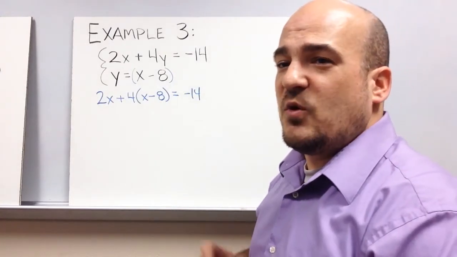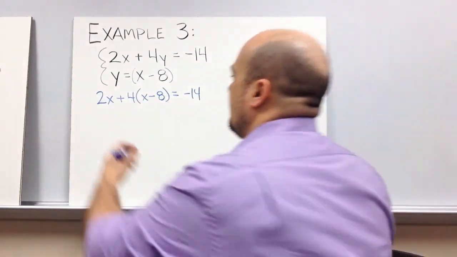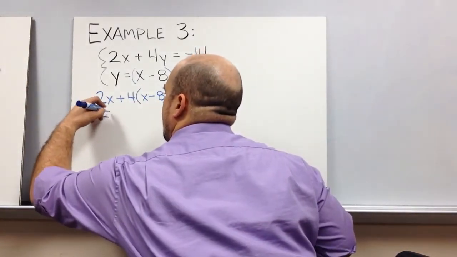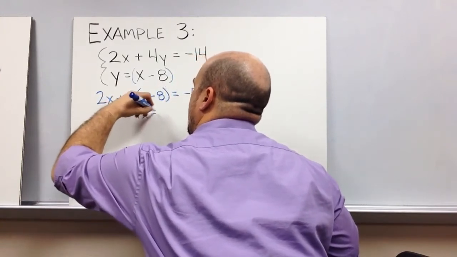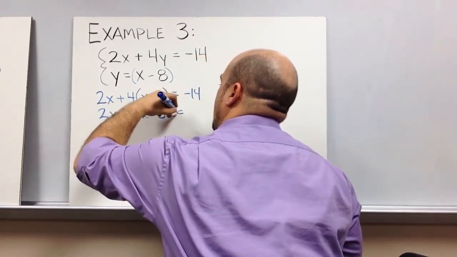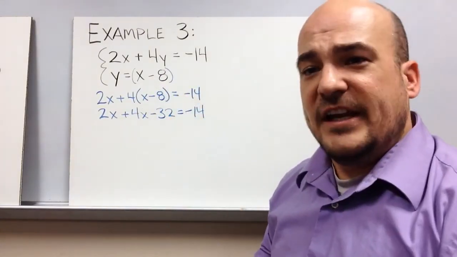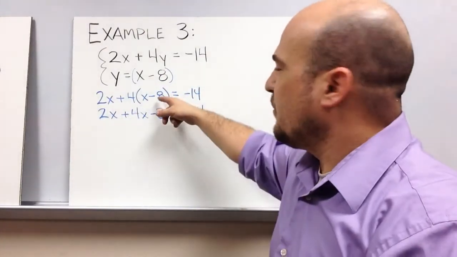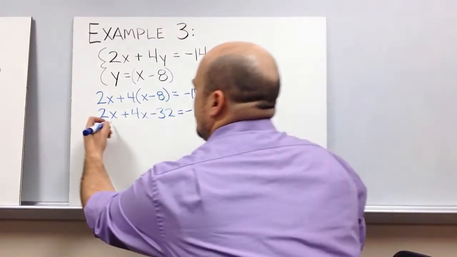Now I need to do some order of operations. I need to distribute this 4. So I distribute the 4 into my parentheses into that x minus 8. Now I can combine like terms.